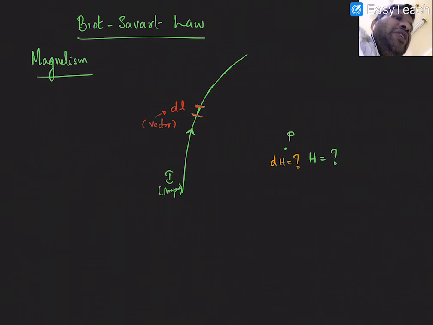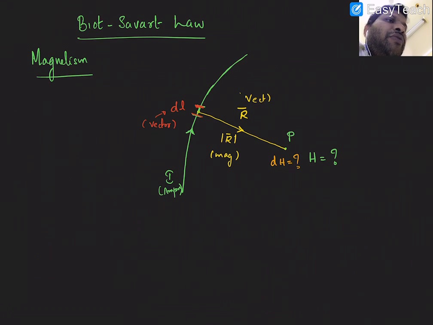Let us consider the distance from the differential length to the point P, let's say it is r. The vector pointing from the differential length to the point P is given as vector r, and the magnitude of this is given as magnitude of vector r, which is the length of the vector.